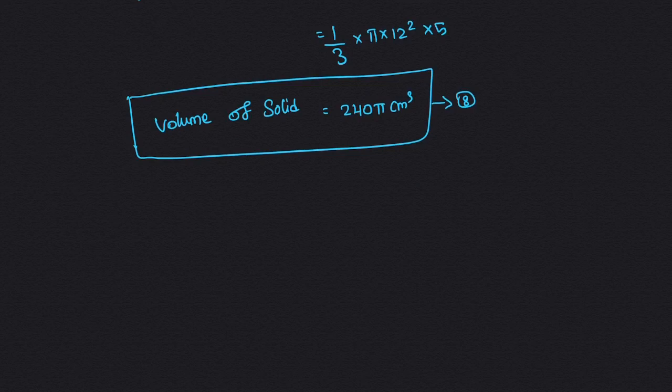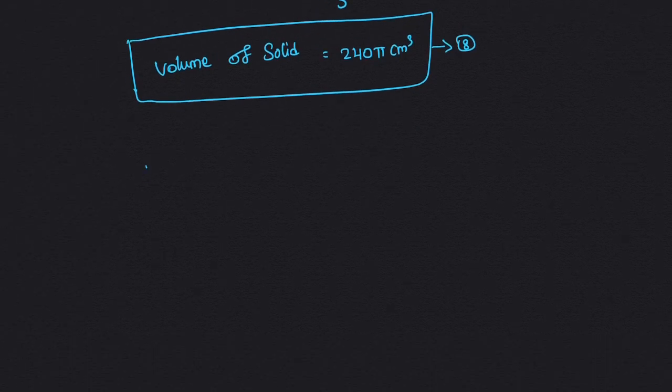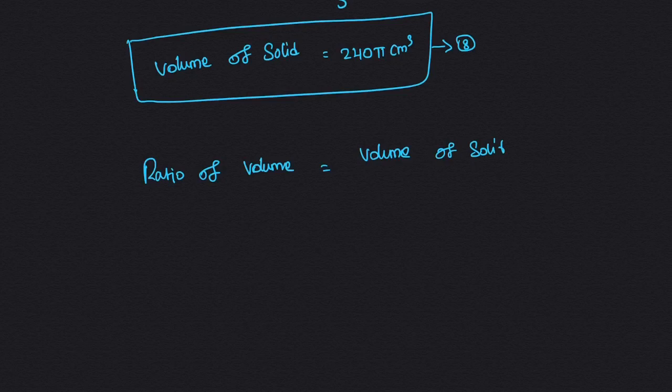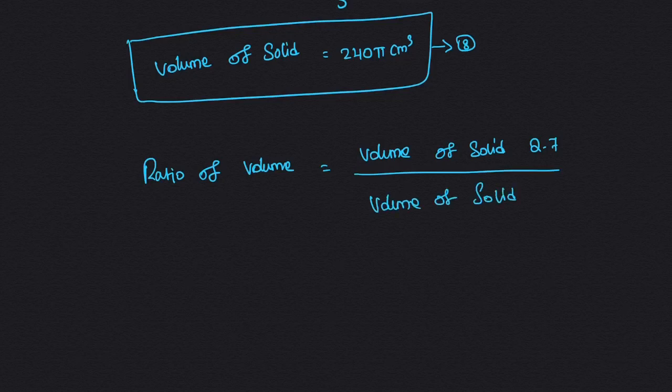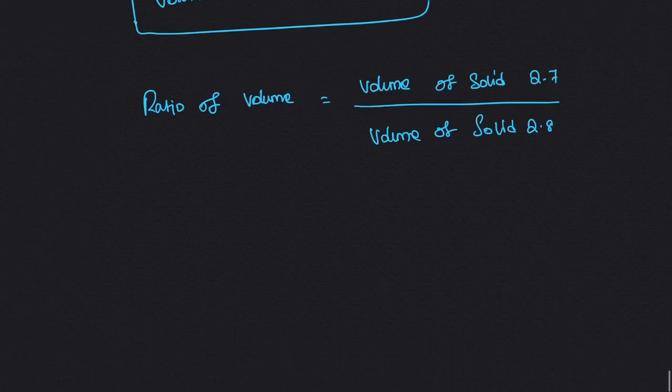Now the ratio of volume of solid, question number 7 and question number 8. So question number 7 is 100 pi and this one is 240 pi.